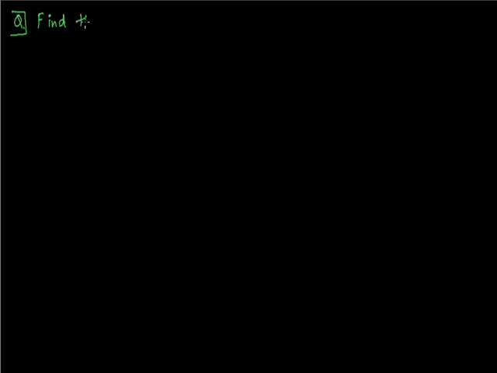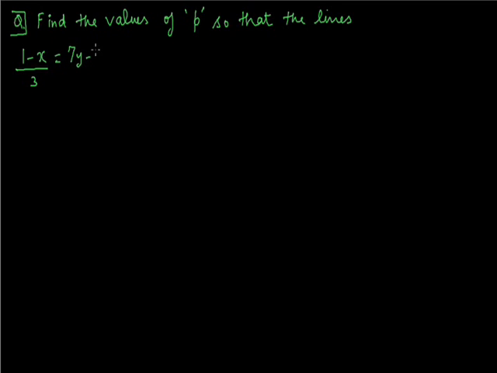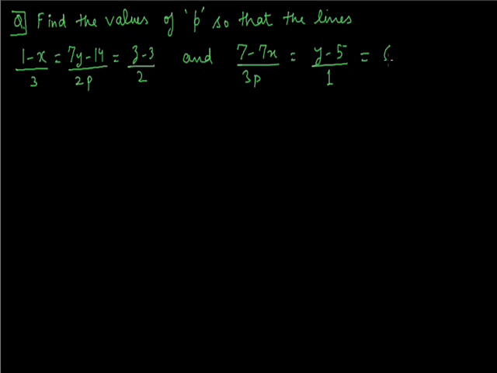The question is, find the values of p so that the lines (1 minus x) upon 3 equals (7y minus 14) upon 2p equals (z minus 3) upon 2, and the line (7 minus 7x) upon 3p equals (y minus 5) upon 1 equals (6 minus z) upon 5.